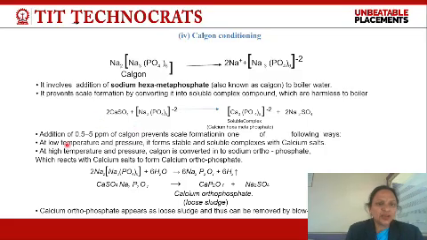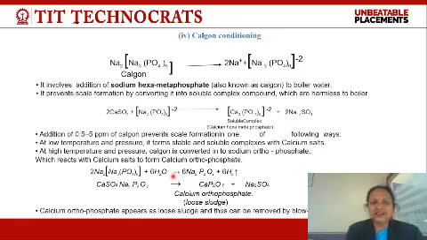And in the second type, when sodium hexametaphosphate reacts with water, it will convert into sodium orthophosphate, again in high pressure and temperature condition. Remember, in both conditions, temperature and pressures are different. In low pressure and temperature, only Calgon reacts with calcium, but in high temperature and pressure, Calgon converts into sodium orthophosphate, and after that it reacts with calcium.